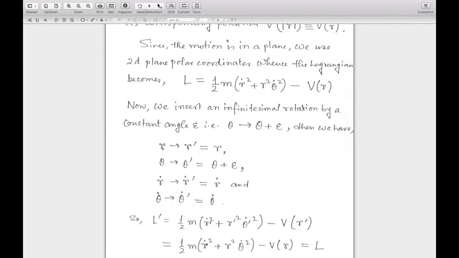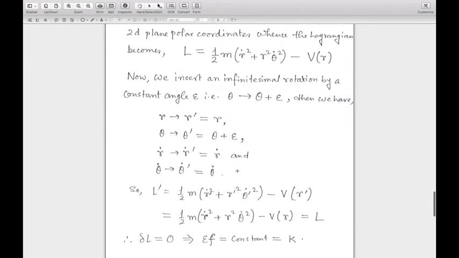So then r will simply be r prime, which is equal to r, but theta will now be transformed into theta prime, which is equal to theta plus epsilon. Epsilon is the amount of infinitesimal rotation.